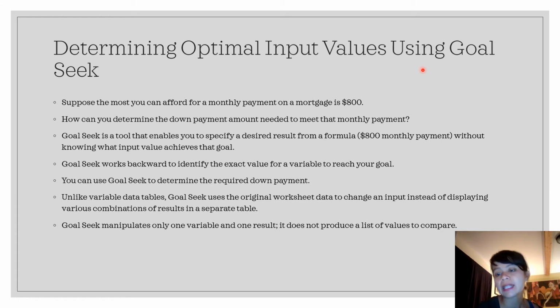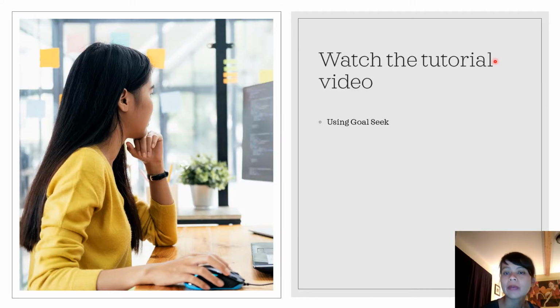It's not a data table. So goal seek manipulates only one variable and one result, and it does not produce a list of values to compare. So I would like you to pause this PowerPoint video again, and please watch the video tutorial on goal seek.